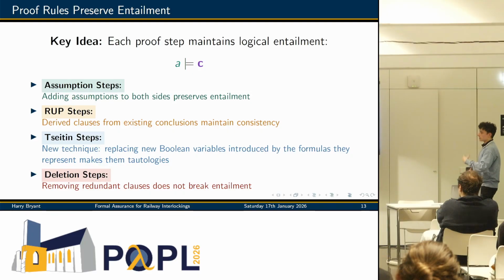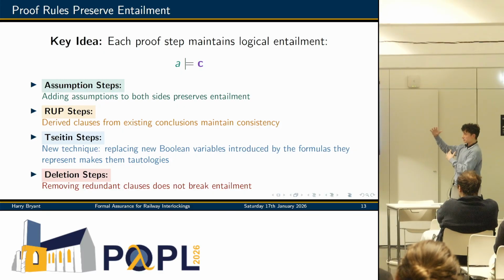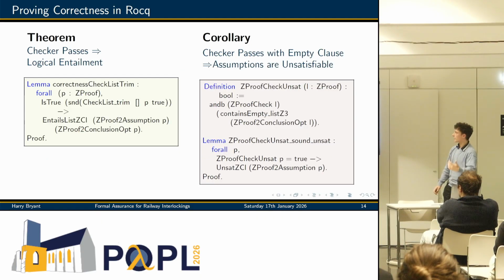Tseitin steps is a new technique where we replace the Boolean variables with the originals, which make the tautology, and if you're adding a tautology to something, you're still going to get your relation. And deletion is if you're removing something that's redundant because you've already got a sort of unsat core as such, you keep your relation, or the opposite of that.